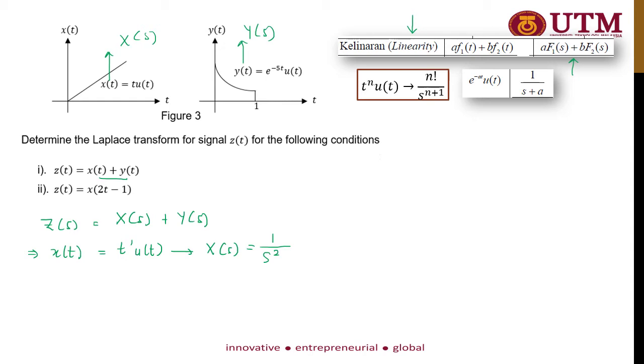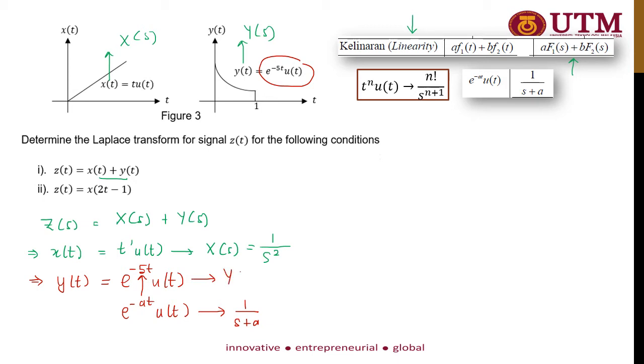X(s) from x(t). So next, determine what is your Y(s) from y(t). y(t) equals the given equation, e to the power of minus 5t u(t). Okay, compared to the equation from the table, you know that e to the power of minus at u(t) produces 1 over s plus a. So in this case, your a equals positive 5.